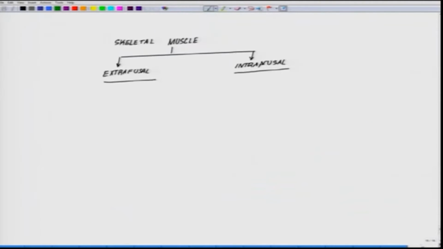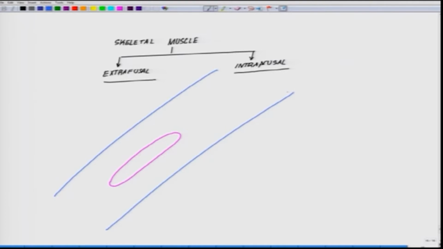So, if this is your muscle spindle, which we are representing as pink, and this is the extrafusal muscle, and the sensory neuron wrapping is shown in red on the muscle spindle, and this is the sensory neuron which is carrying the signal to the spinal cord.